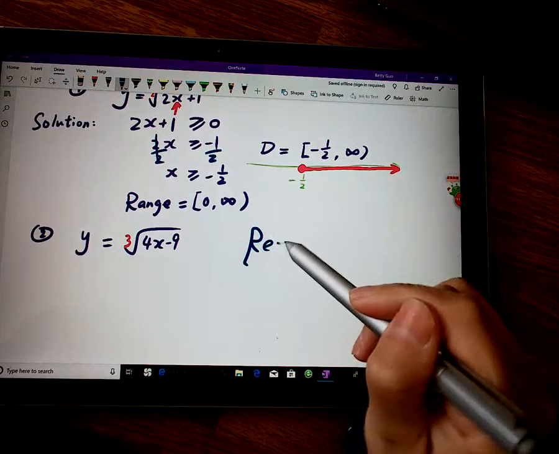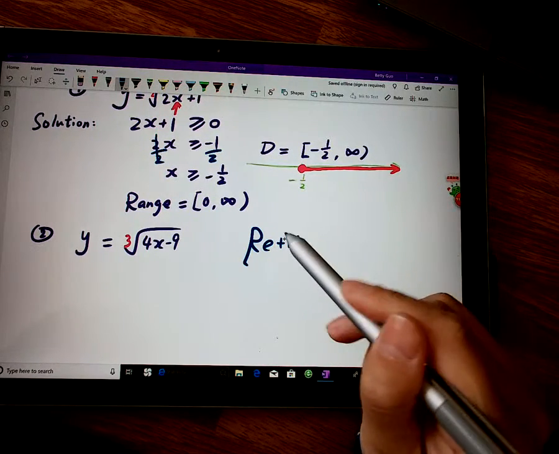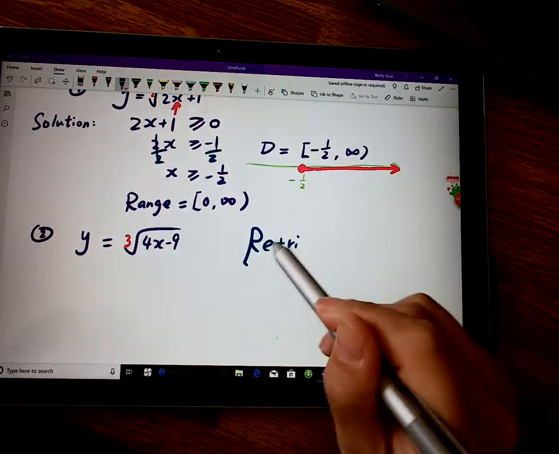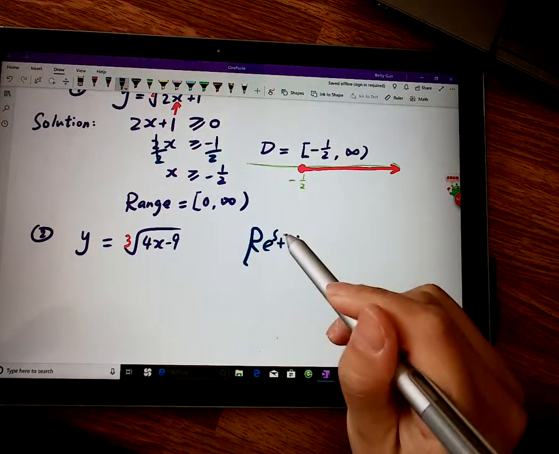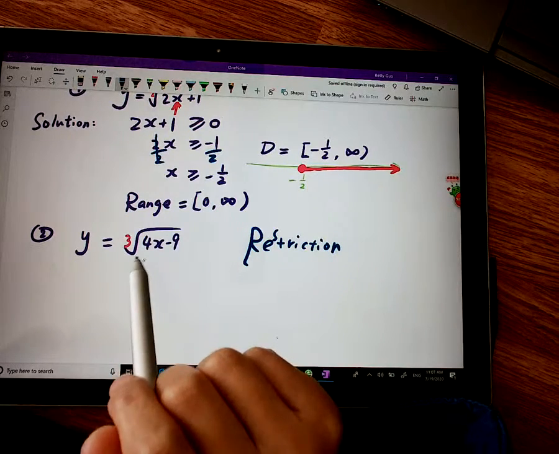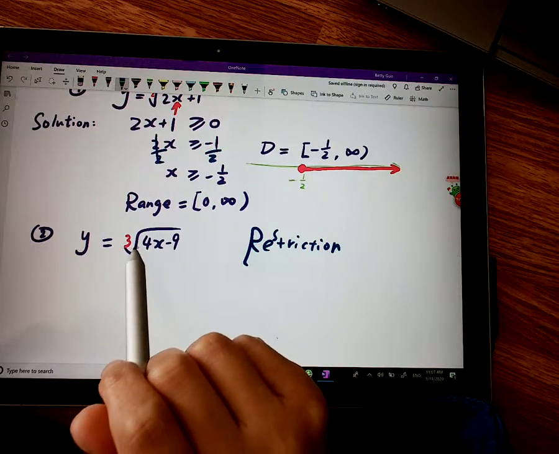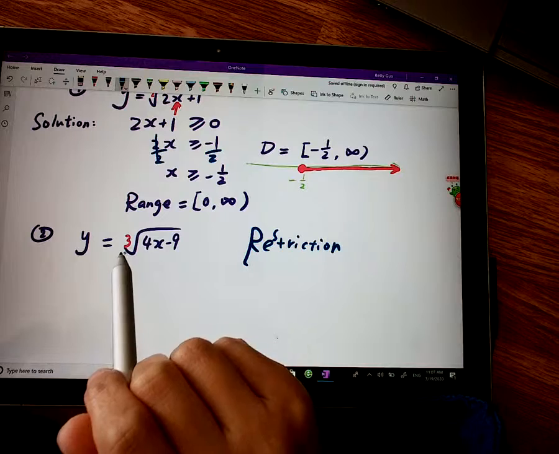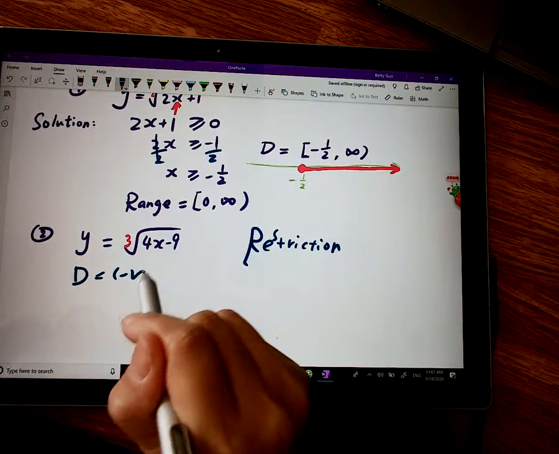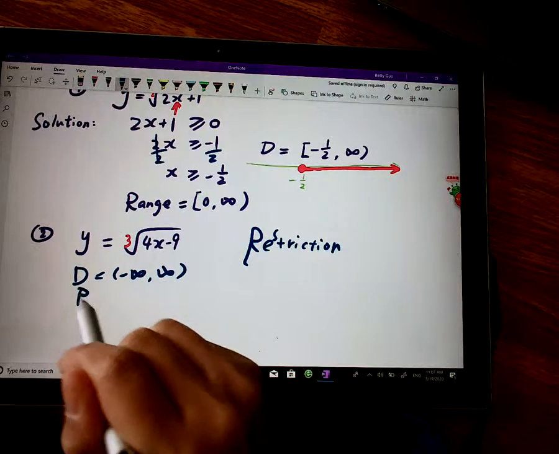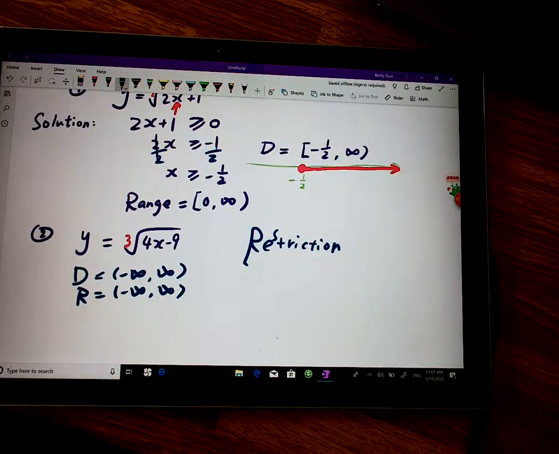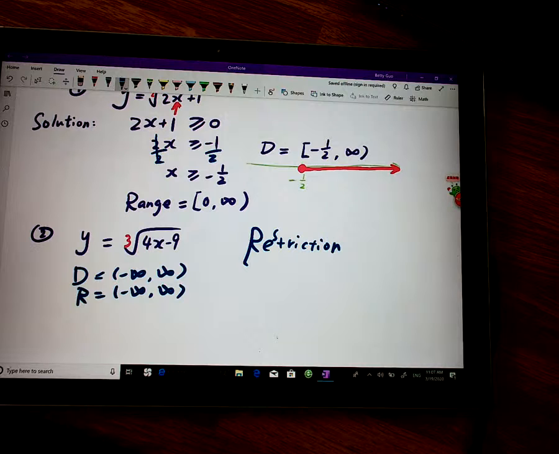I typed it out in class and made you copy it down in your notes. We don't have any restriction for the radicand if the index is odd. So the domain is all real in this case. The range is all real as well. That's for this problem.